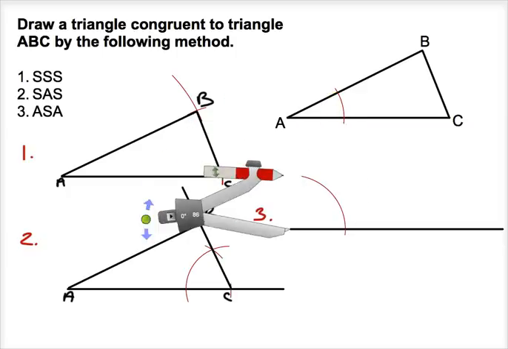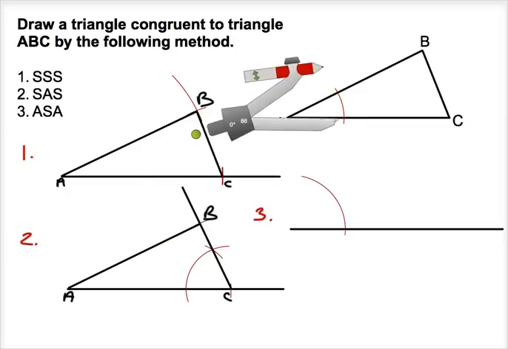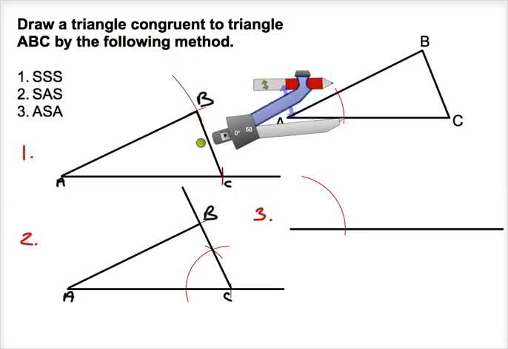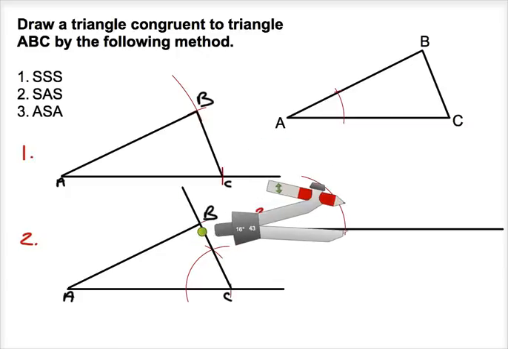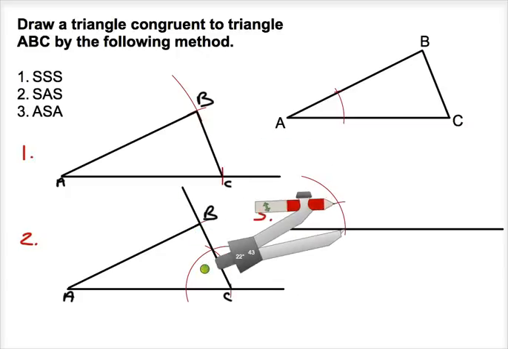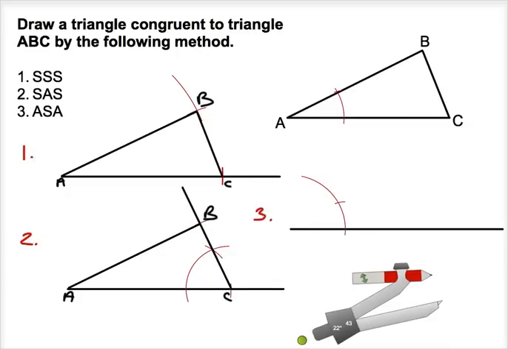Now I just need to measure how big is the opening for angle A. So I measure how big this arc is, and I transfer it down here. And I now have angle A.